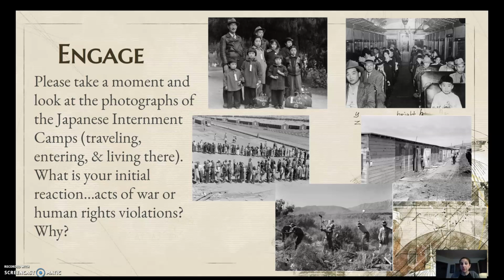Did this need to be done, or was this a human rights violation? Packing up Japanese Americans and sending them off to the internment camps. Was this something we needed to do to protect ourselves, or was it just an overreaction? Think about your initial thoughts, and we're going to talk a lot more about this in the lesson.